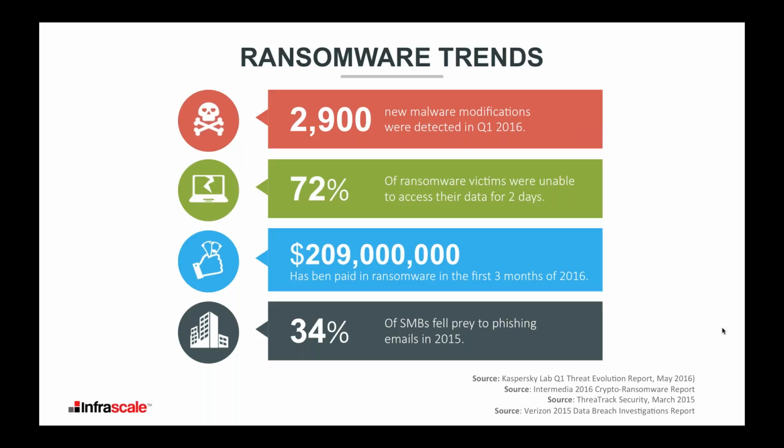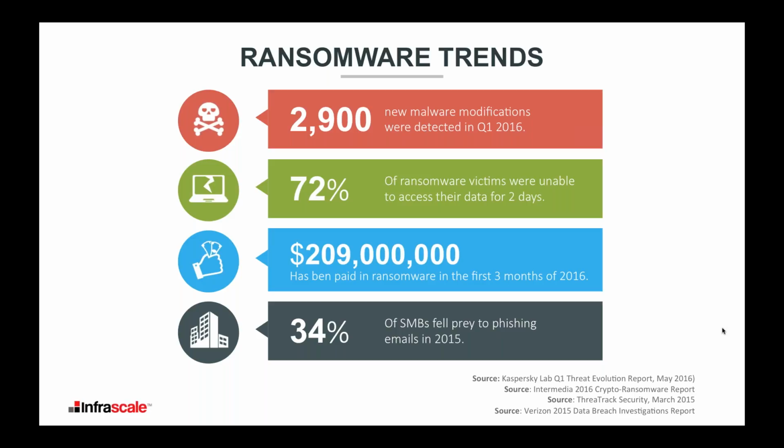And those victims were then unable to access their data for 2 days because it, of course, starts that long process of decrypting all your files after you get that decryptor software, after you've paid the ransom. So that's a long process, and that's why the response times until you're back up and running can take 2 days, but even up to 5 days in other cases. It can be quite costly and lengthy to get that data back.